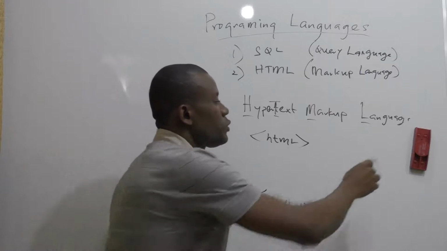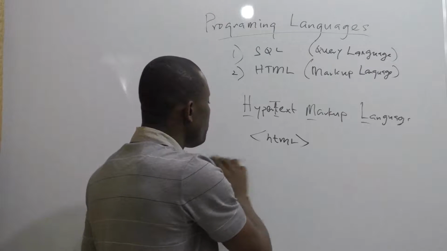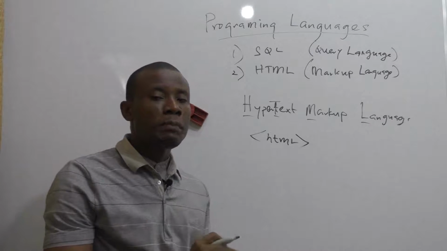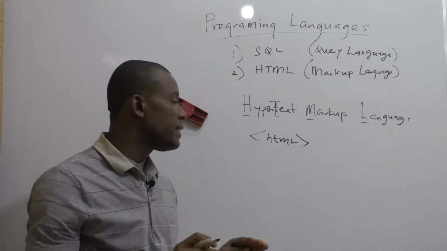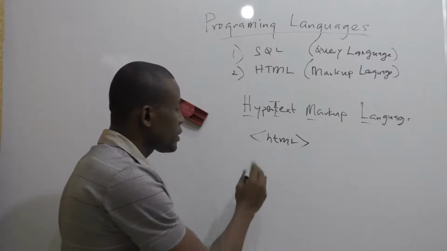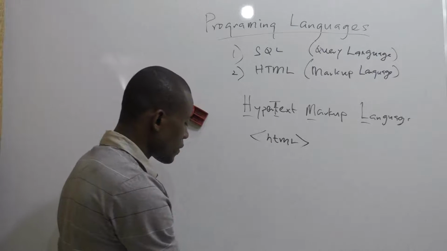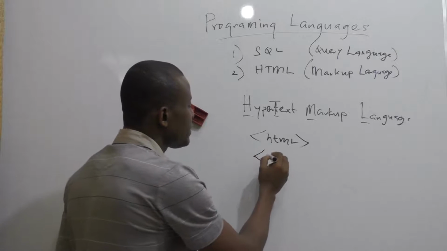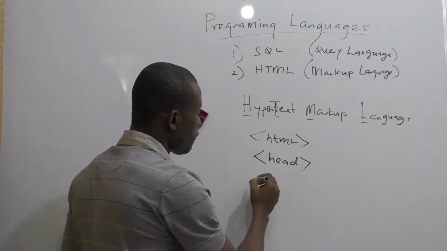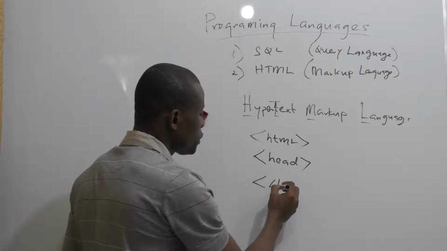But one thing I want to let you know is the basic structure of a HTML page. There are 3 markup tags that have to be in every HTML page for it to be viewed as complete. The first one is the HTML tag. The second one is the head tag. Of course, you have /head.